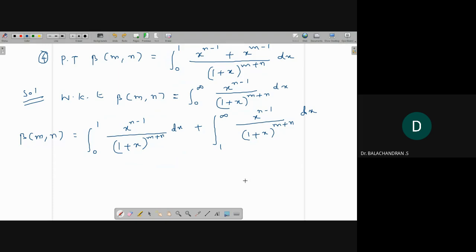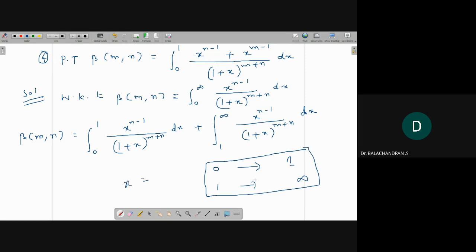Okay. So now you should give the substitution. You should give a substitution only for the second integral, because I don't want to change the first one. So how should your substitution work? 0 is mapped into 1 and 1 is mapped into infinity. So in such a way you should choose x. Which x is equal to what?